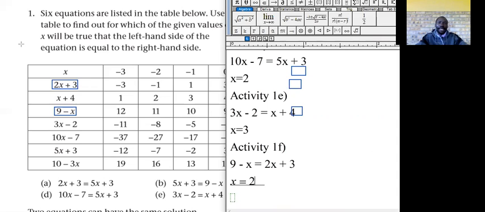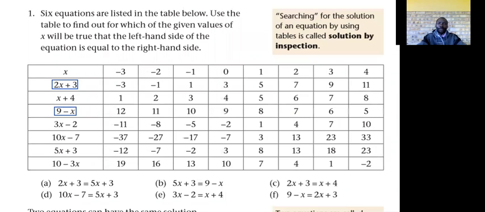And this leads us to the end of our discussion of this method of solving for x. It's not only solving for x, but solving the equation.